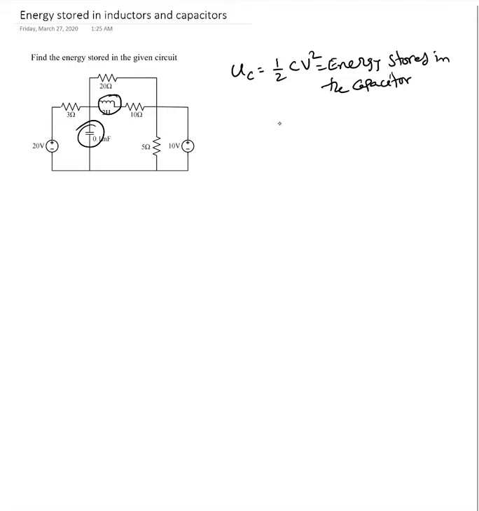If you have a capacitor, there is always an electric field between the two plates, and it stores energy in the form of that electric field. That's basically physics; you must know these things from physics. And energy stored in the inductor is half Li squared.